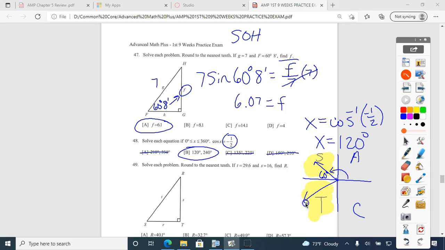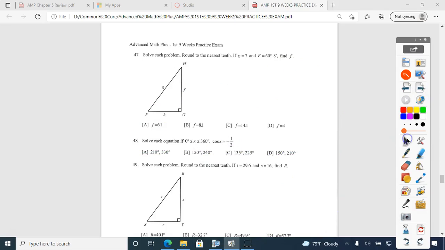So I had to figure out the 60-degree reference angle in quadrant 3. If you just do 180 plus 60, you get 240, which is where that one comes from. But thankfully, since it's multiple choice, you didn't have to know that one. You can just use the one that the calculator gave you.